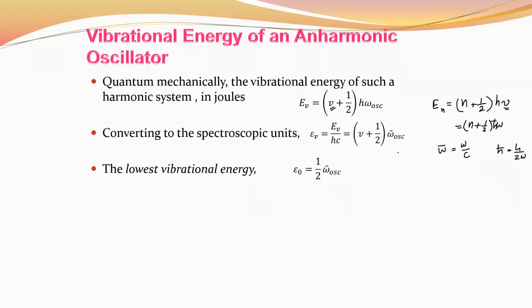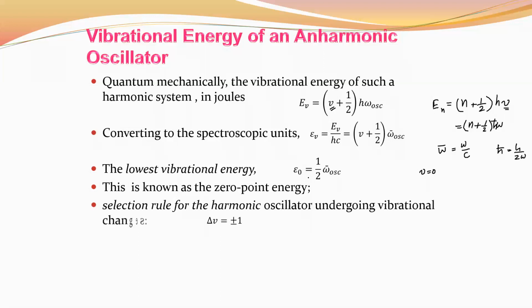The lowest value of the vibration quantum number gives the lowest energy. Then E0, or epsilon 0, is equal to 1 by 2 omega 0 bar. What is this energy called? The lowest energy of the harmonic oscillator. This is known as the zero point energy.